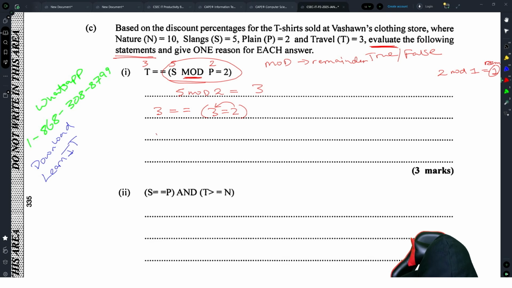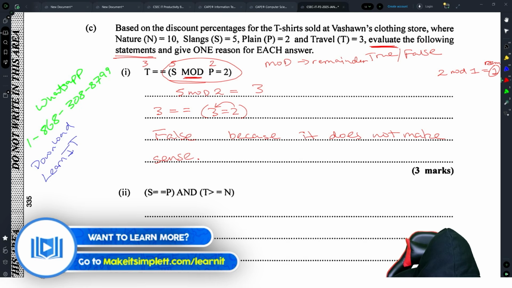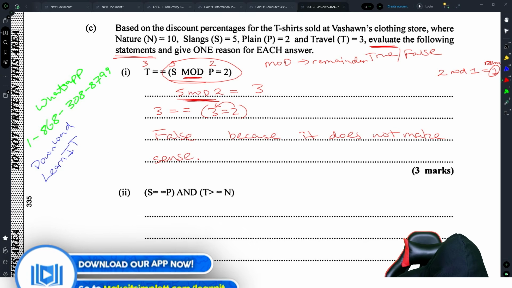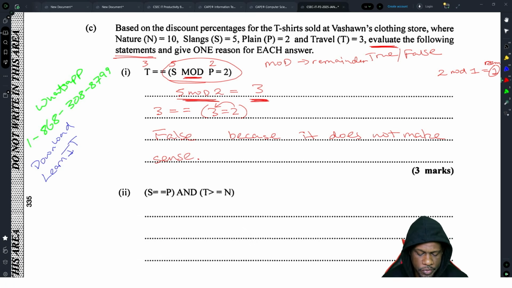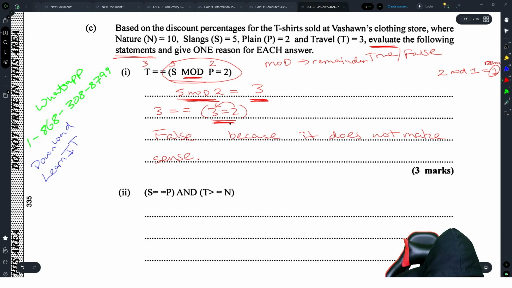Let's go for false, because it does not make sense. That's all I can say. What I know for sure is that 5 mod 2 is going to be 3, because the remainder of 2 into 5 will be 3. But what does 3 equal to? Because they have a double equal sign and then a single equal sign.